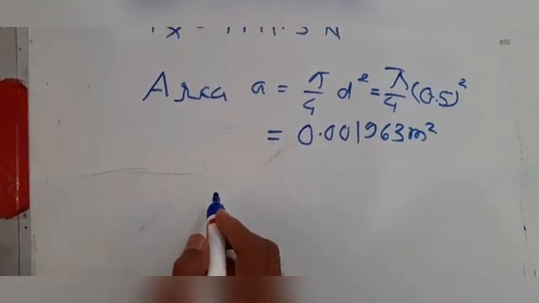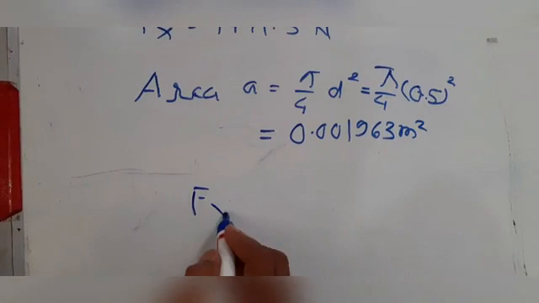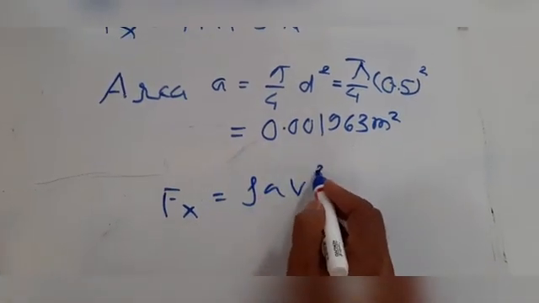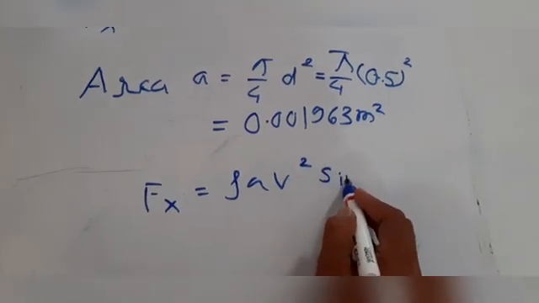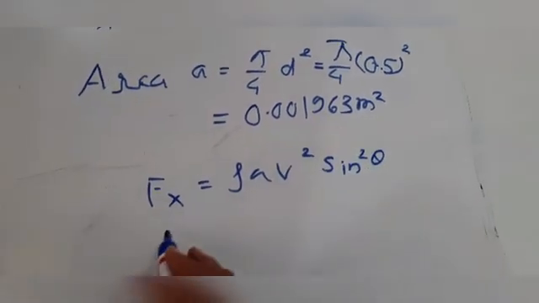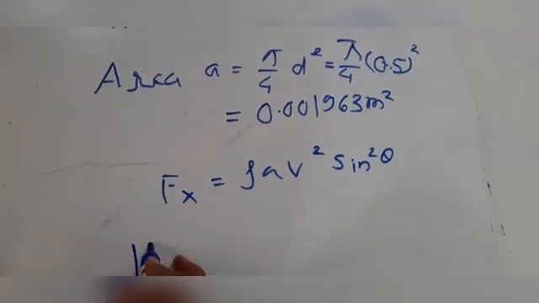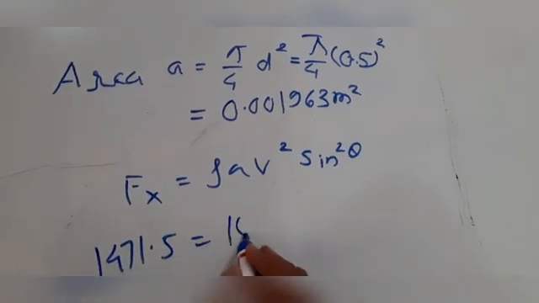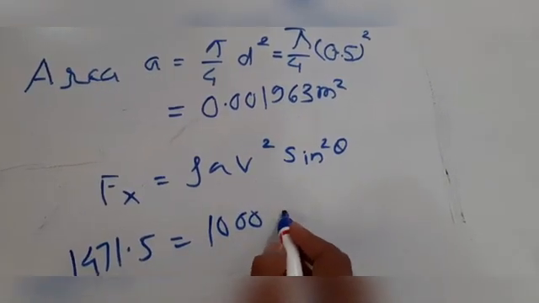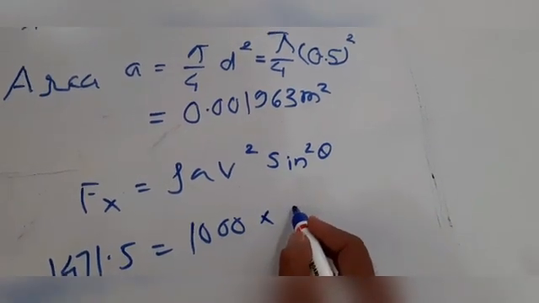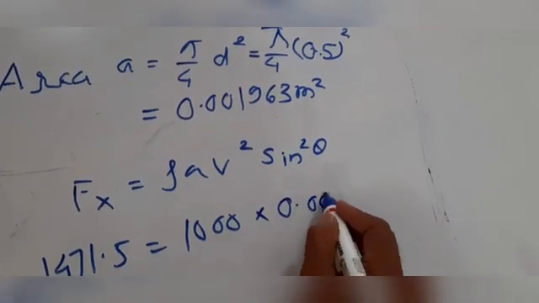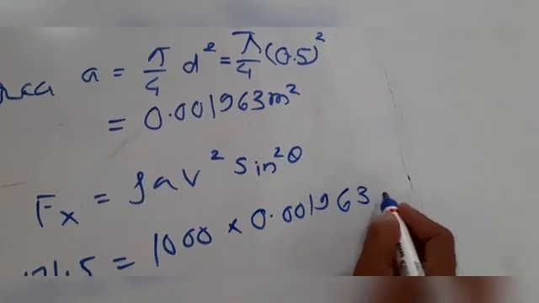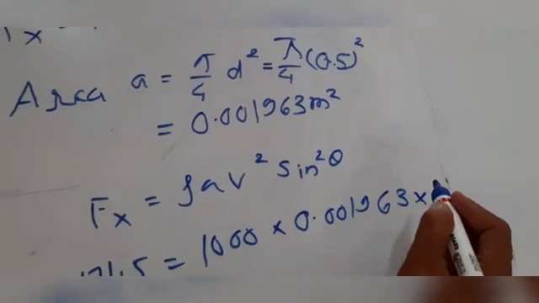And as we know, the force in the direction of jet Fx is 1471.5. Now the formula of Fx is equal to rho A V square sine square theta. So putting the values here, 1471.5, rho is 1000 for water, and the area is 0.001963 into velocity.